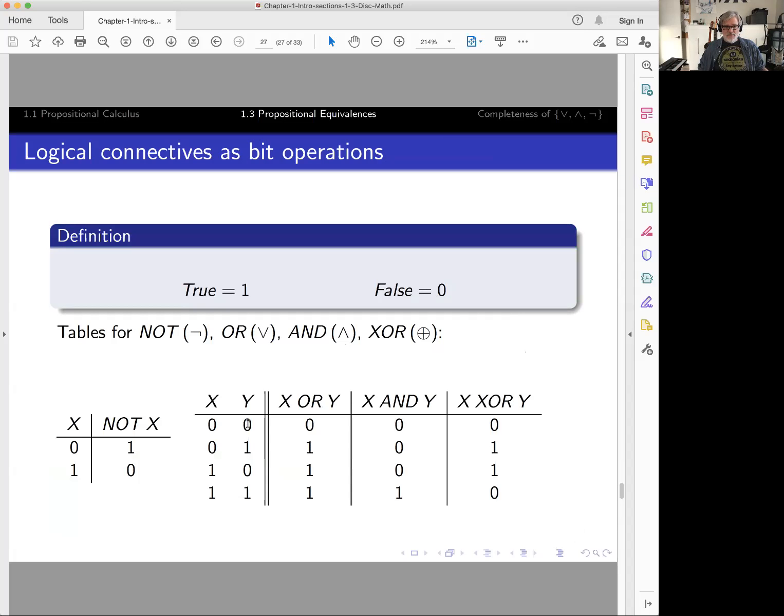If you multiply 0 and 0, you get 0. 0 times 1 is 0. 1 times 0 is 0. 1 times 1 is 1. Isn't that cool? So AND is the same as multiplying. Okay. Or you can view it as minimum value. If you have two inputs, X and Y, you take the minimum of these two values, this is what you're going to get. OR is the maximum.